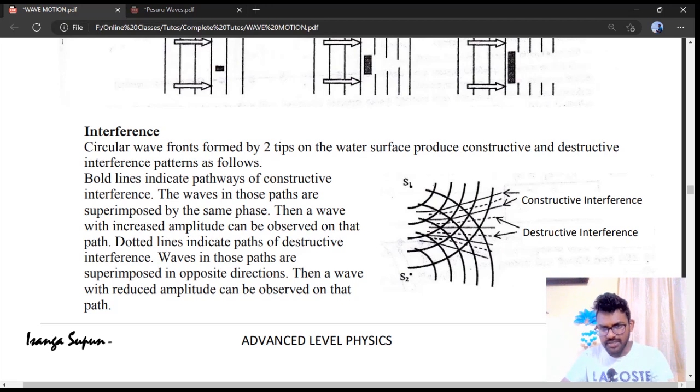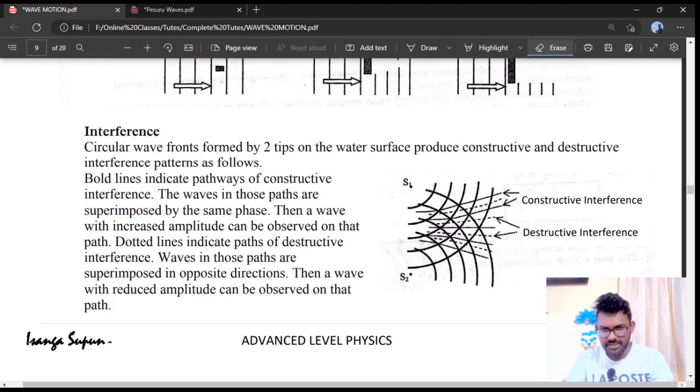So just see this one carefully. In these plain lines, without the dotted ones, if you consider the S2 source, there will be a peak here, a crest is there. And S1 also has a crest there.